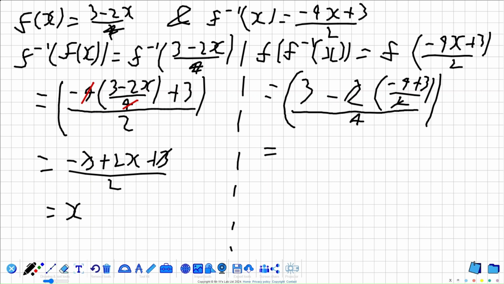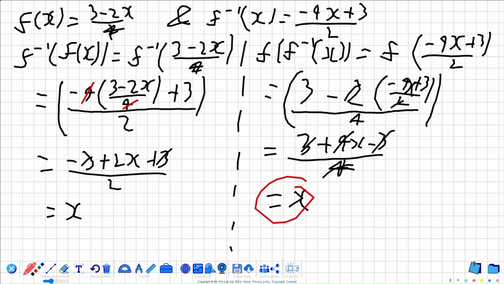We can cancel that, which gives us 3 plus 4x minus 3 (those two cancel), over 4, which equals, cancelling those two, just x. And so, matching the rule, those two both equal x, and so these are equal as well.